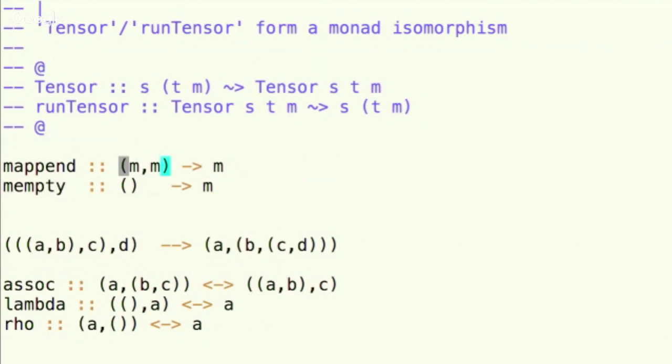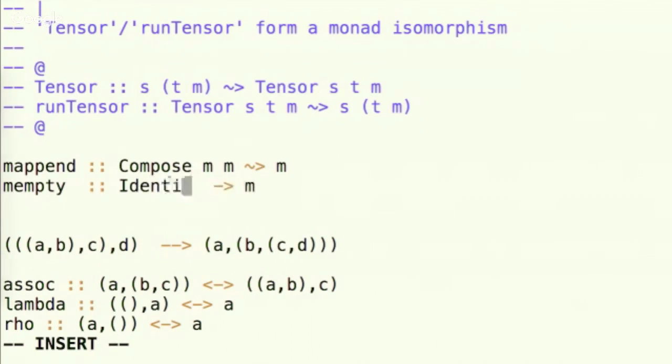So if we move to the category of functors over Haskell, okay, we can equip that with a tensor. We're going to pick, well, you go from compose M M to M. And what's the unit for compose? What's the identity? So what's this?